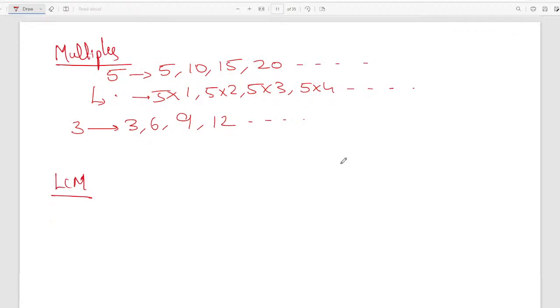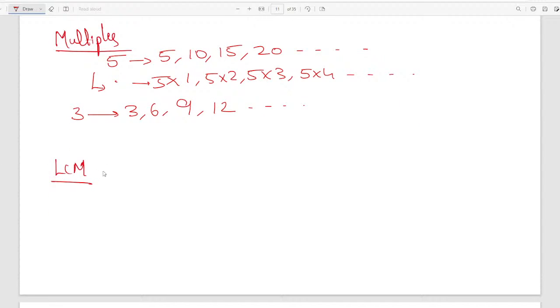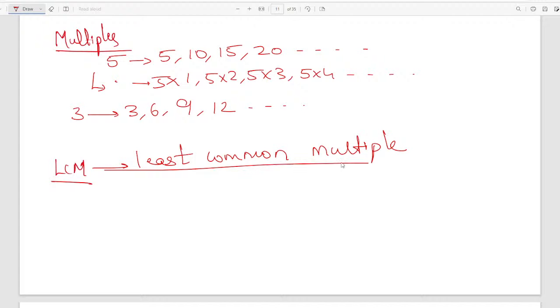What is LCM? LCM is called the least common multiple. For example, if you have two numbers, you have to find the least. So let me take 5 and 3 itself. Let me list the numbers here.